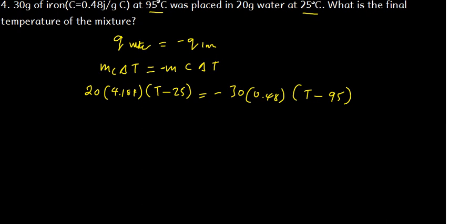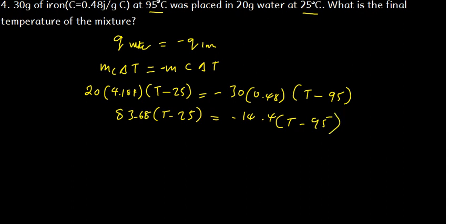So if we multiply 20 times 4.184, that is giving me 83.68, and then T minus 25, and that is equal to negative 30 multiplied by 0.48. That is giving me negative 14.4 and then T minus 95.